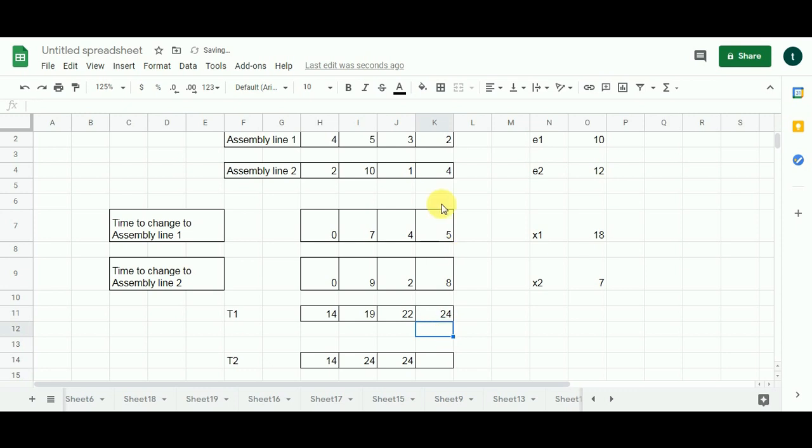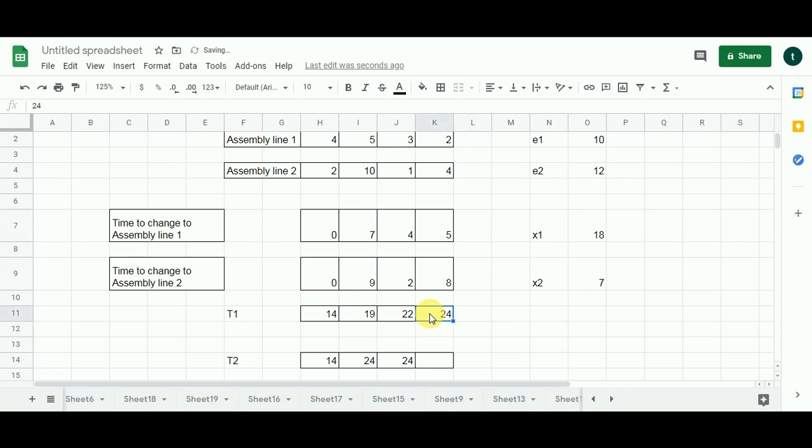But when it arrives from assembly line 2, then the time incurred will be 24 plus 2, 26, plus 8. So it will be 34. So 34 is much greater than 24. So we are going to omit 34 and 24 stays.